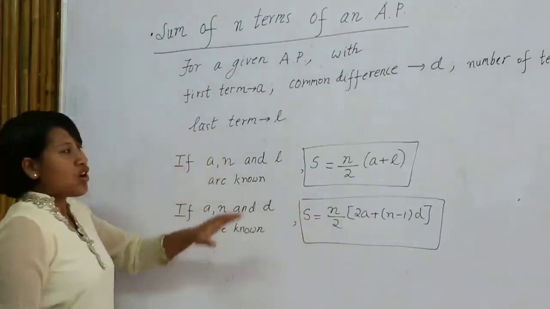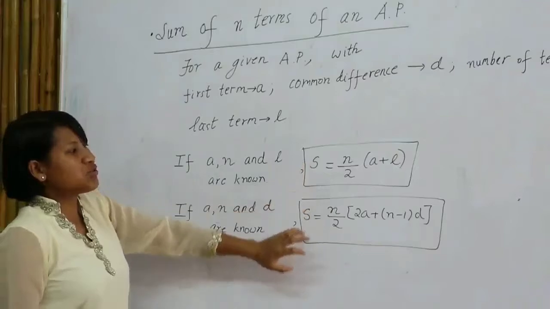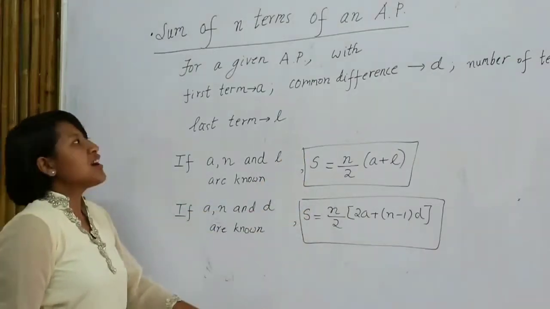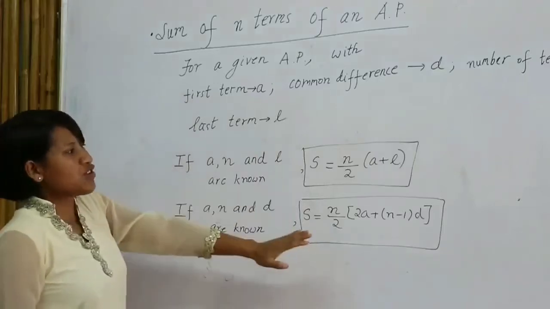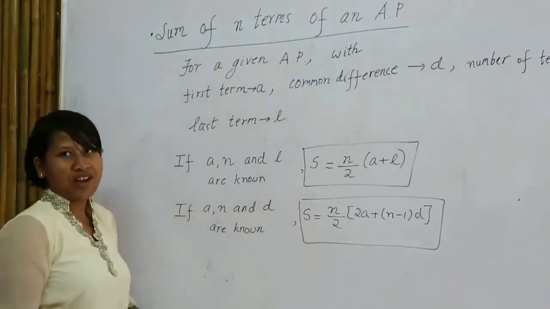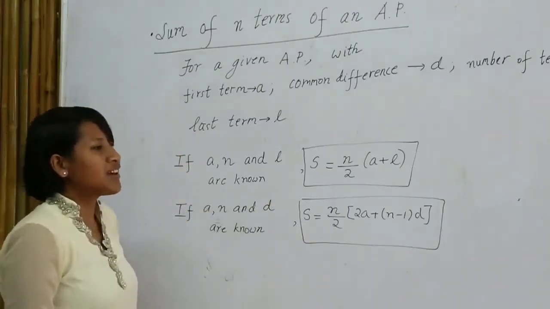For today's lesson and today's class, you need to remember this formula and memorize it. We'll solve problems related to this formula, to this topic, sum of n terms of an AP.